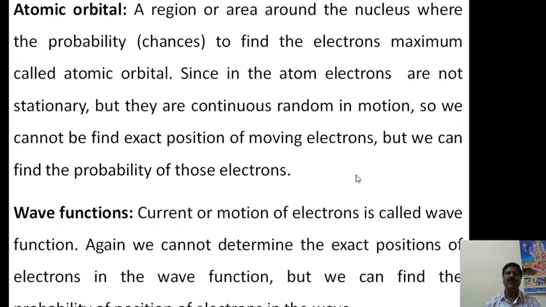We can say the electron may be here or there, we are just guessing, but it may be true or it may be false. That just depends on probability. We are making guesses about chances, because the electrons are in continuous up and down motion, which is called a wave.